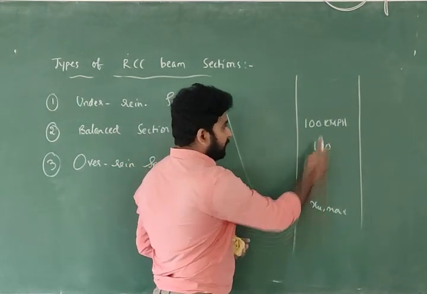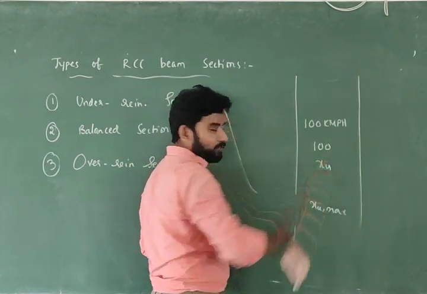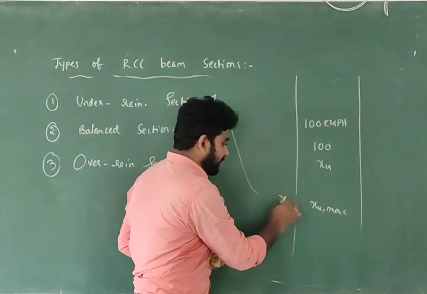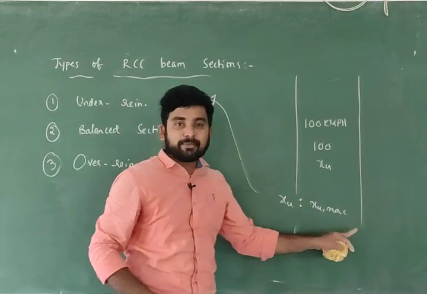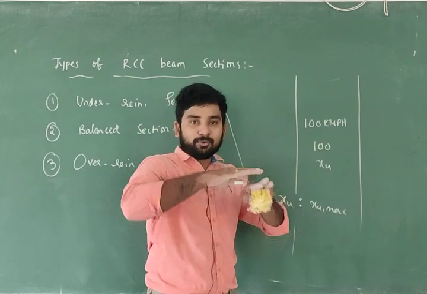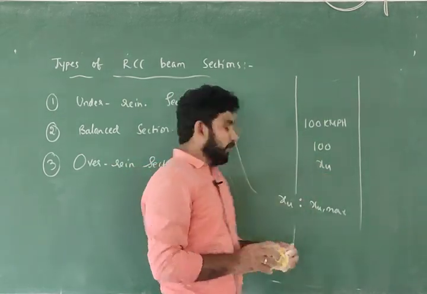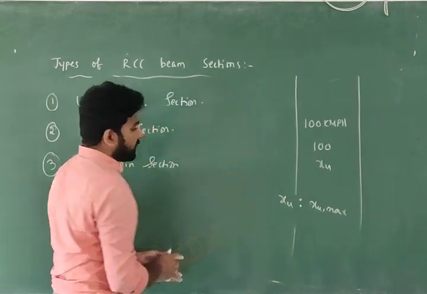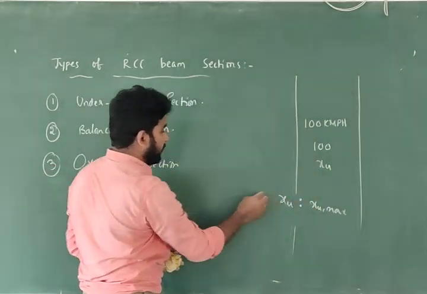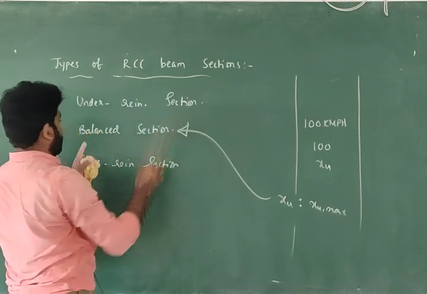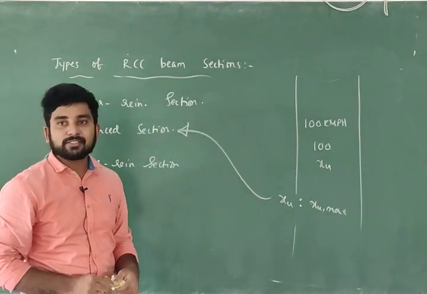So xu maximum is 100, and my xu is also 100. Now xu equals xu maximum. Both are balanced. When both values are the same, this type of section comes under the balanced section.